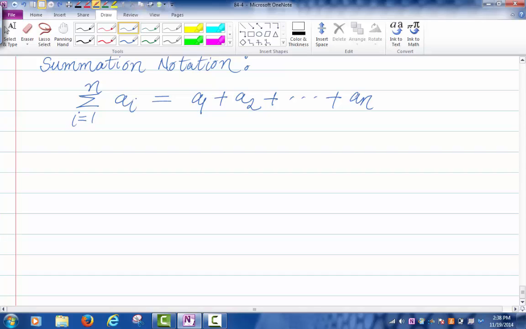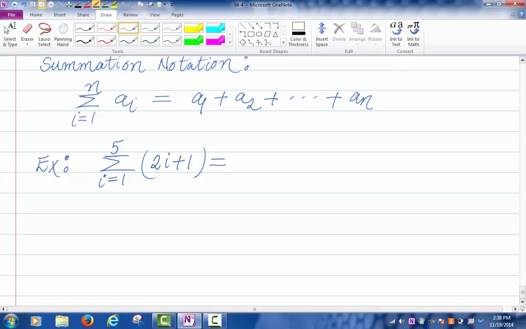Here's an example. Suppose that I have the sum, i going from 1 up to 5, of 2i plus 1. So what sum is represented by this sigma notation? Well, 2i plus 1 is a formula for computing the ith summand. How many summands do I have? 5.